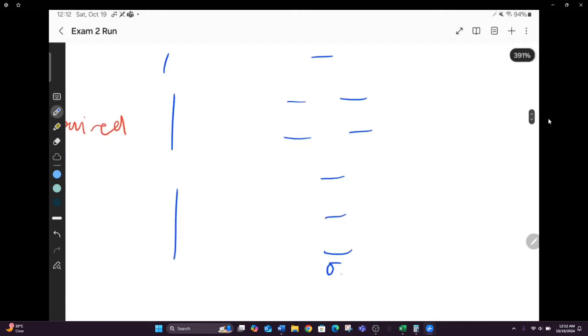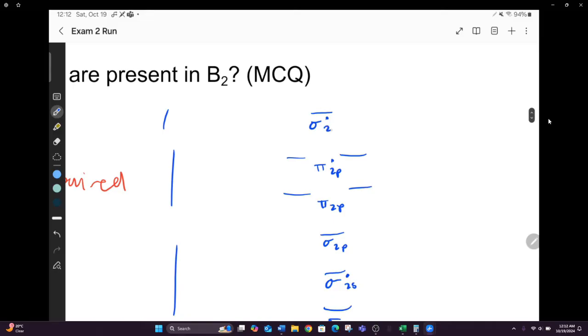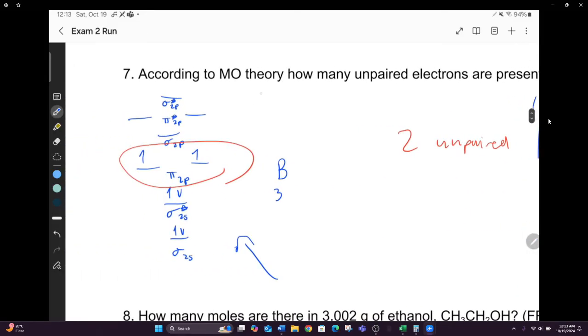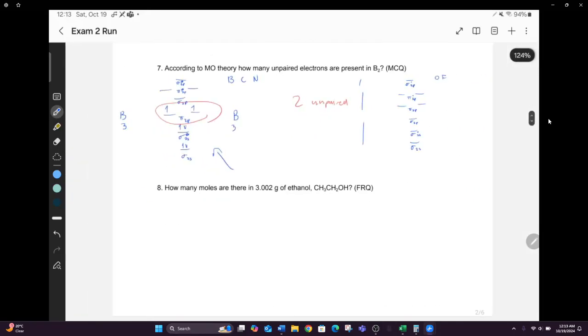So this is your sigma 2s, sigma star 2s, your sigma 2p, your pi 2p's, your pi star 2p's, and your sigma star 2p's. For oxygen and fluorine, this is the case, and the other is for boron, carbon, and nitrogen. Just know there's a difference between these two and which one to apply when.